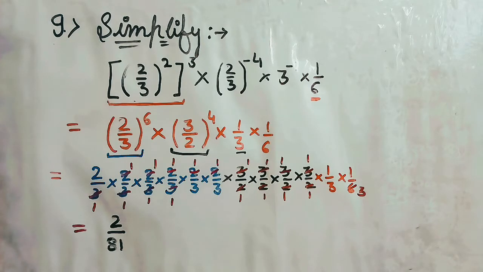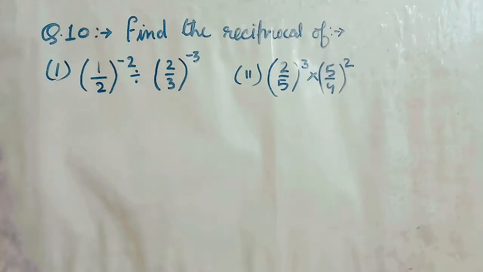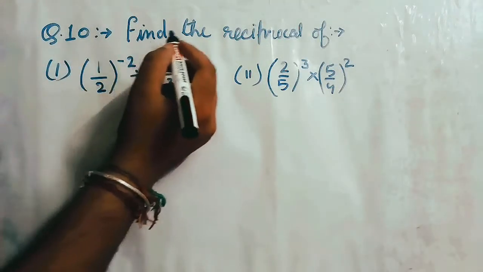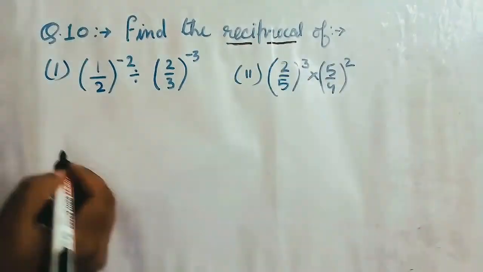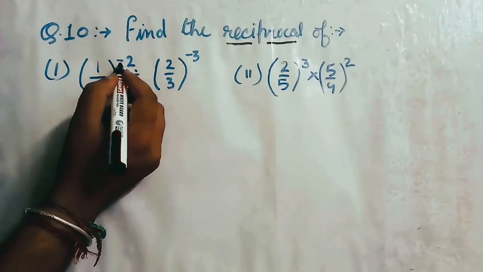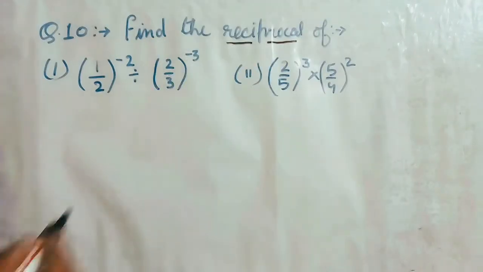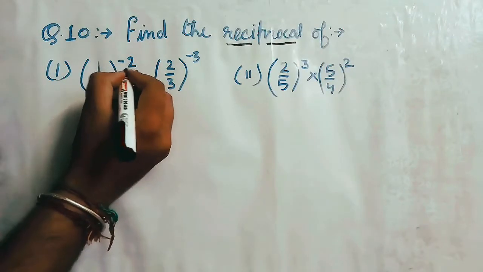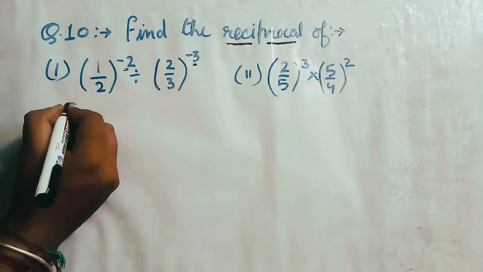Now let us see one more different type of problem, that is find the reciprocal of. Remember, you have to simplify first, then you have to find reciprocal, and the first part is 1 upon 2 raised to power minus 2 divided by 2 upon 3 whole raised to power minus 3. So both powers are negative.